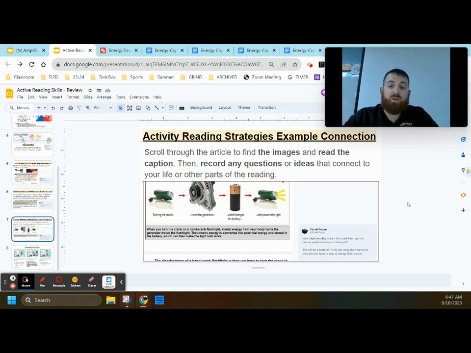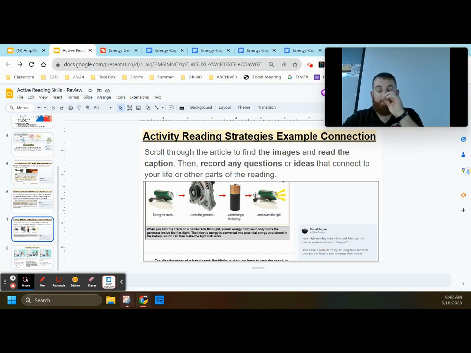And finally, we have connections. Now, remember, we also ask questions, make connections, and identify difficult ideas, not only of the text, but also images. So maybe you're looking at this image here and you're noticing that our system is comprised of four major ideas. And as you're reading through, you're making a connection and you ask the question, how might needing to turn this crank, to turn the generator, to power the battery that can then turn on the light, how might that interrupt the rescue workers as they do their job?